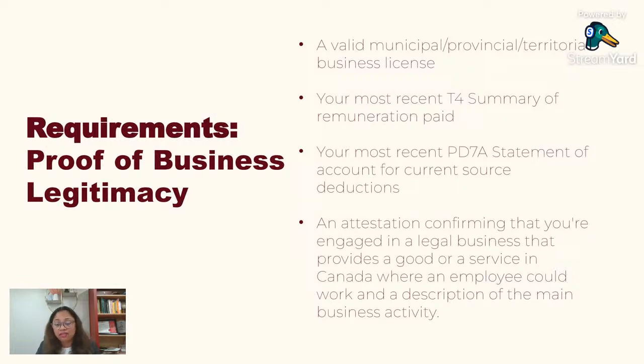Most businesses will have that. Your T4 summary of the remuneration that is paid, and your PD7As, statement of account for current source deductions, or an attestation confirming that you're engaged in a legal business that provides a good or service in Canada where an employee could work, and a description of the main business activity.